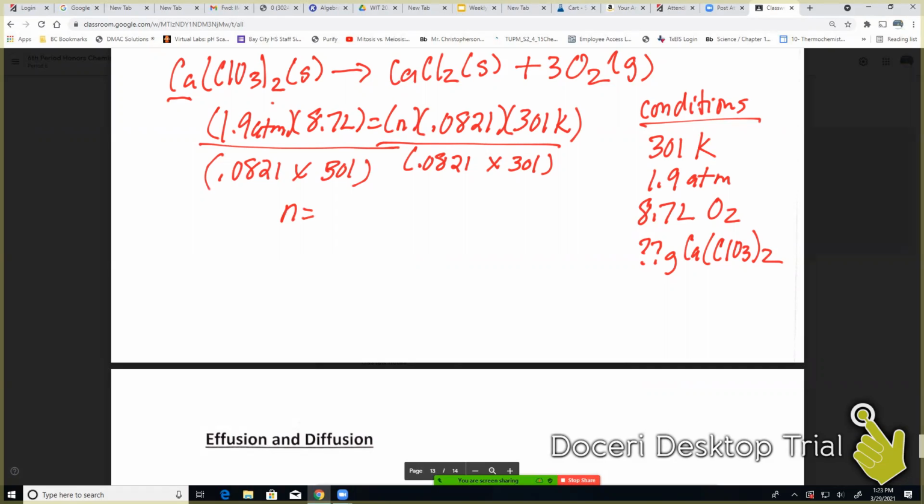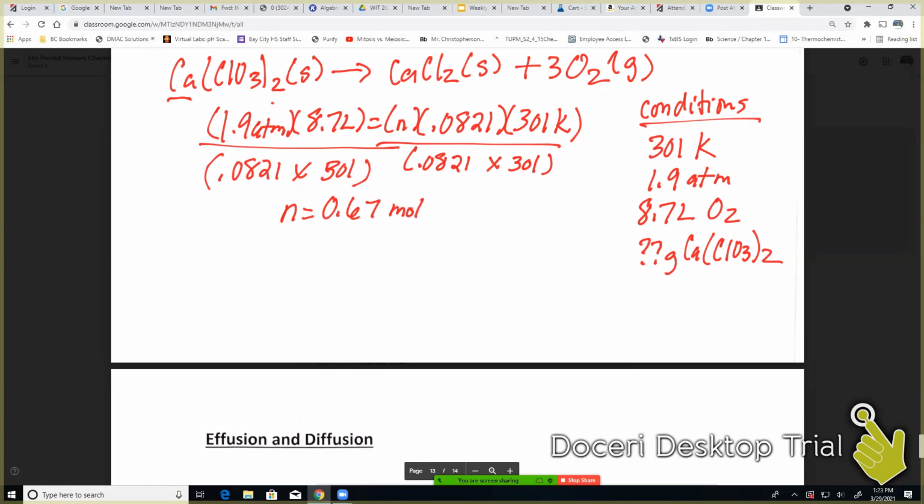And because of that 1.9 atmosphere, we're going to have 2 sig figs at this point, and also at the end. So I got 0.67 moles. We're good with that so far?